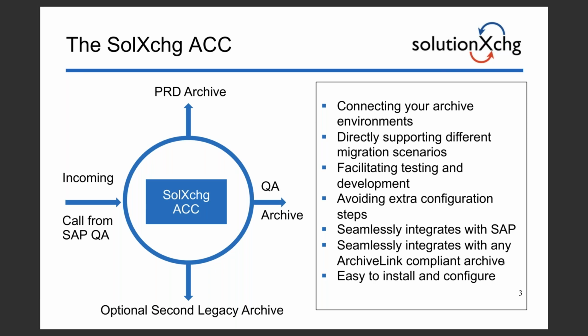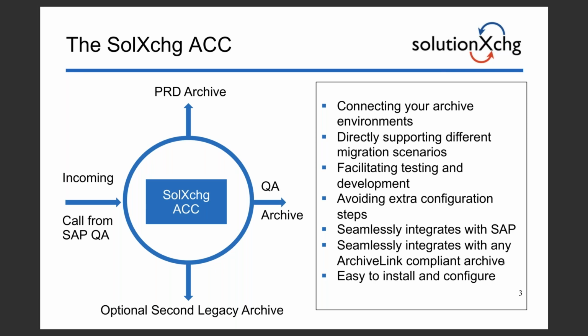But because an SAP QA system is a one-to-one copy of your production SAP system, many documents in there are actually pointing to the production archive, and therefore will not work and will come up with an error. And the tool we suggest, the SolutionXchg ACC, is capable to differentiate and probe the quality control archive, the QA archive, as well as the production archive, and with that maximize the number of positive hits and returns.